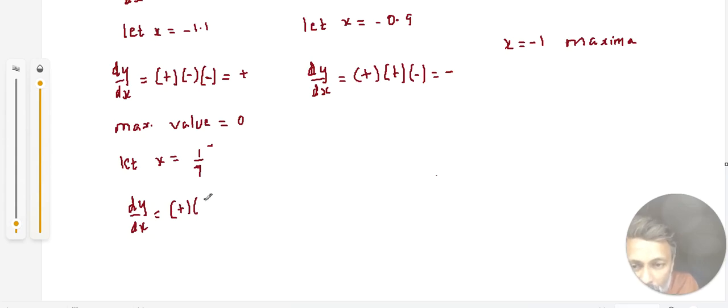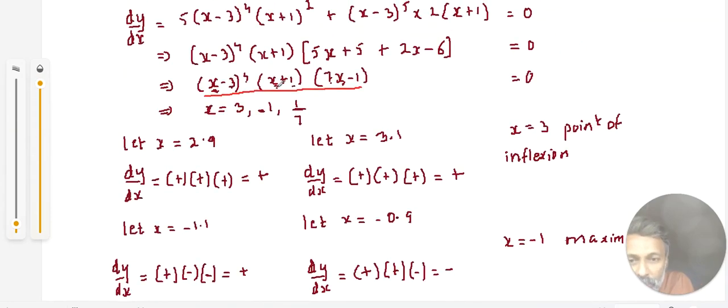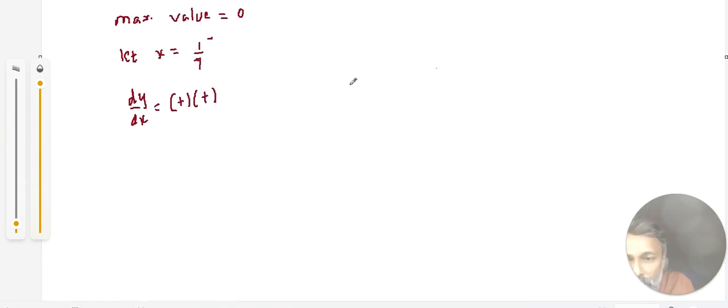The second part will also be positive as 1 by 7 is positive only, though you are taking a value a little less than 1 by 7, and plus 1 will keep it positive. And when you have x here as a value a little less than 1 by 7, then 7 cancels and this value is a little less than 1, minus 1 will give a negative value. So here we get a negative value, which is minus.